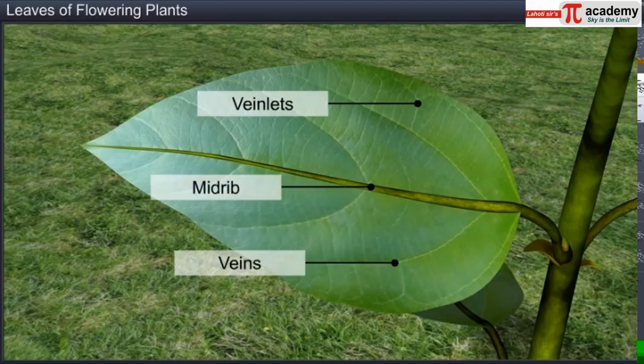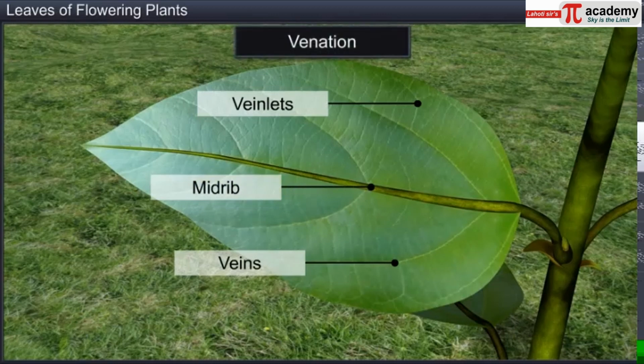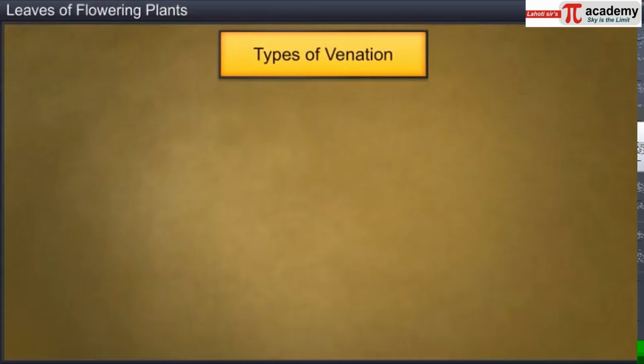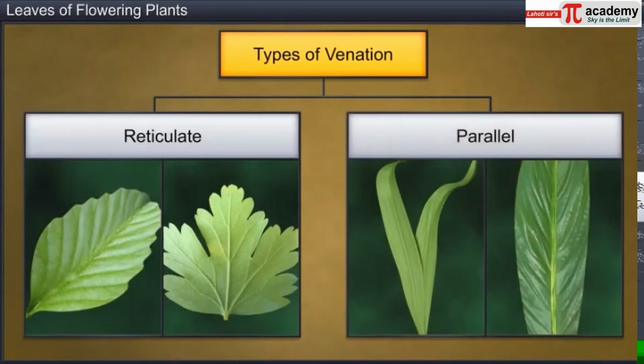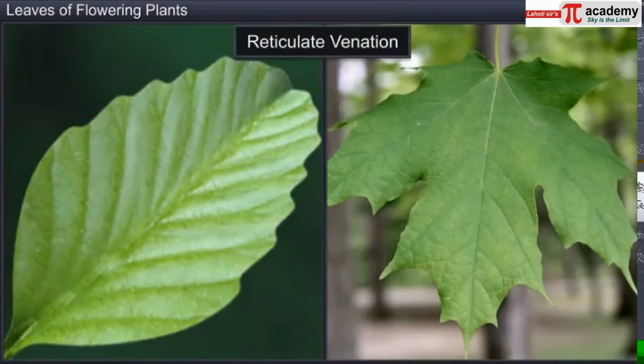The arrangement of veins and veinlets in a leaf blade or lamina is called venation. Venation is of two types, reticulate and parallel. In reticulate venation, the veins within the lamina form a network, a characteristic that is common to dicotyledonous plants.